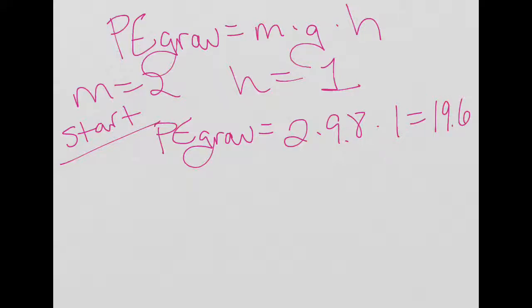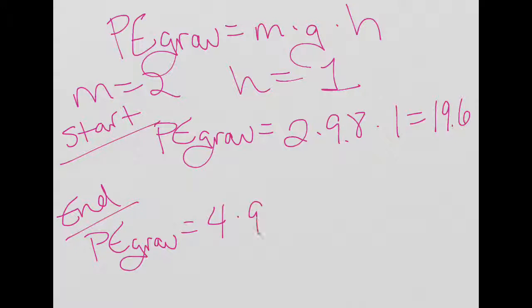which is equal to 19.6. And now if I double my mass, so that'll now be 4, my gravity stays the same, and I double my height to be 2, what do I get? Now it's 4 times 9.8 times 2.